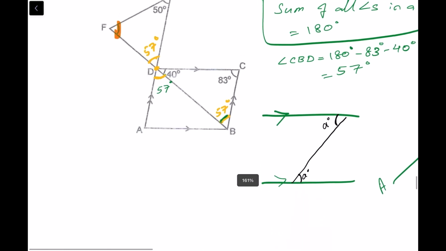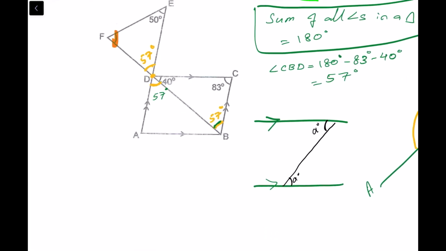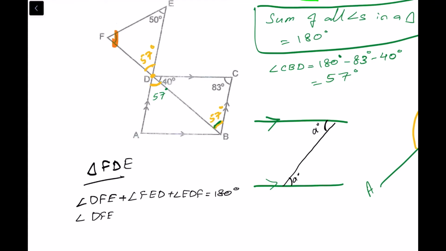So inside triangle FDE, we have angle DFE plus angle FED plus angle EDF, which is 180 degrees. So angle DFE plus angle FED, which is 50 degrees, plus angle EDF, which is 57 degrees, gives us 180 degrees.